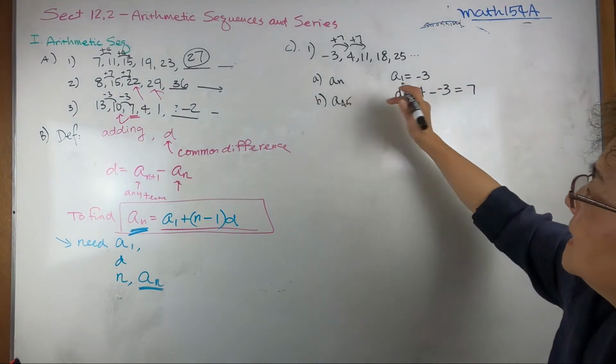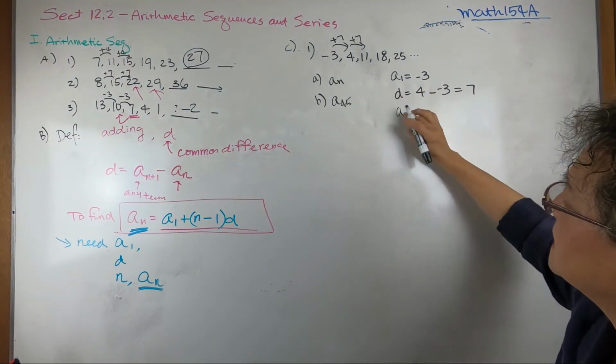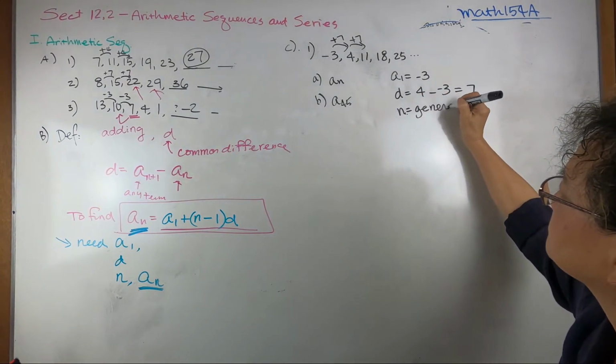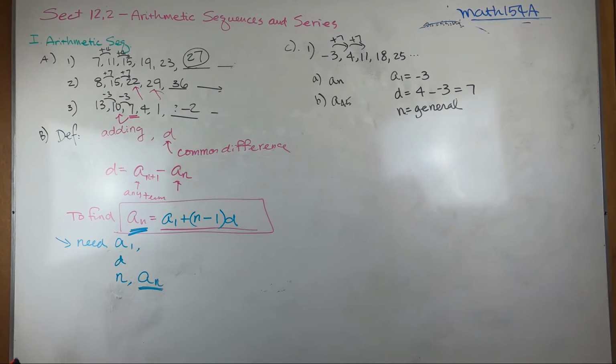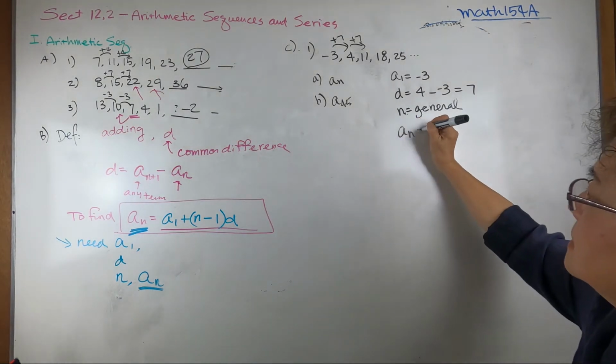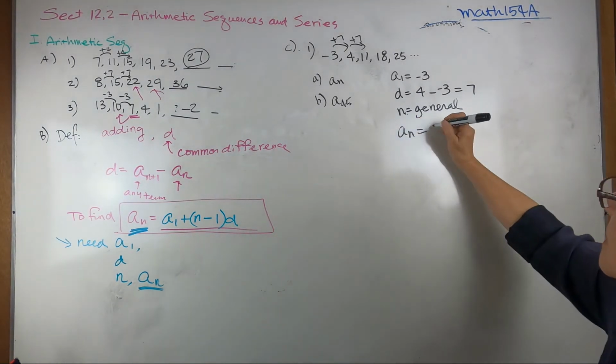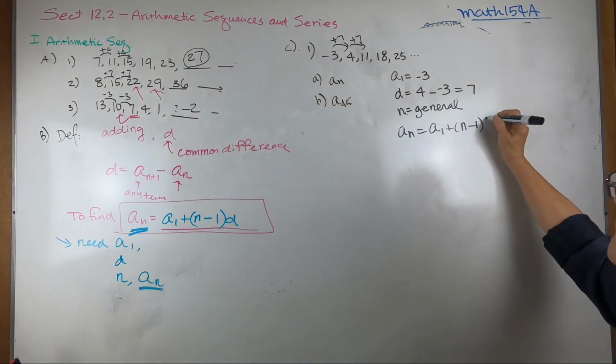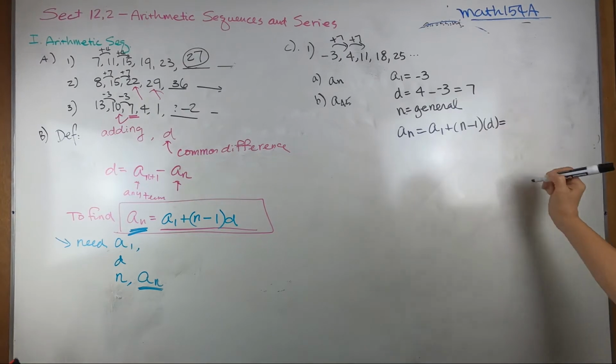Then we want to find the AN, then N is what? General, right? Then AN, from this formula, it should be what? A1 plus N minus 1 and the D, right?